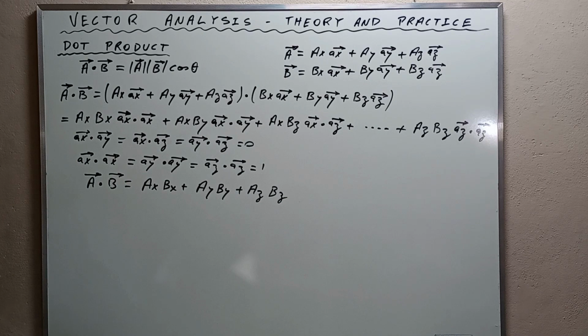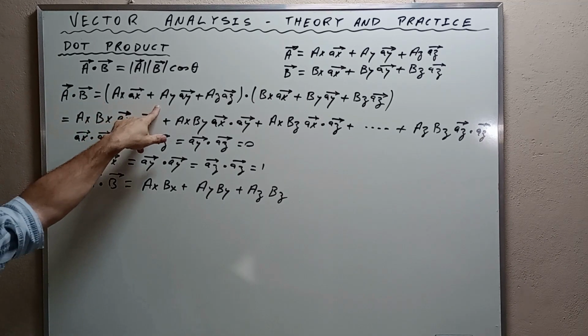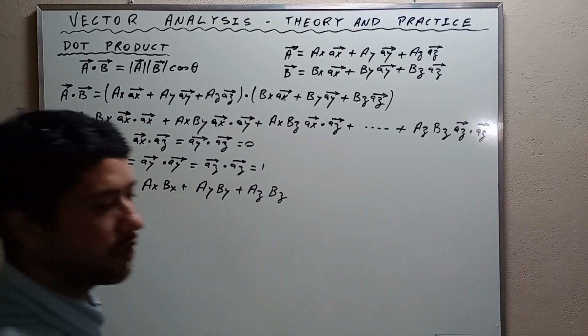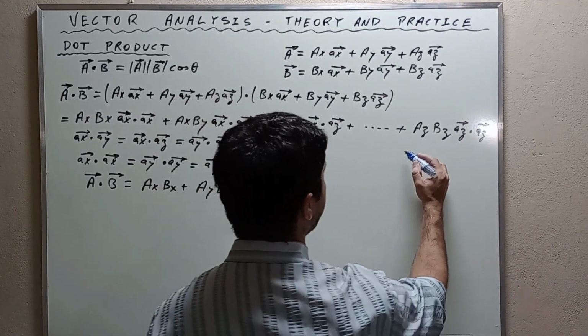Okay, this is the result that we get when we develop this product here, written in the Cartesian coordinate system. Alright, one of the most important applications of the dot product is that of finding the component of a vector in a given direction. Okay? How do we find the component of a vector in a given direction?